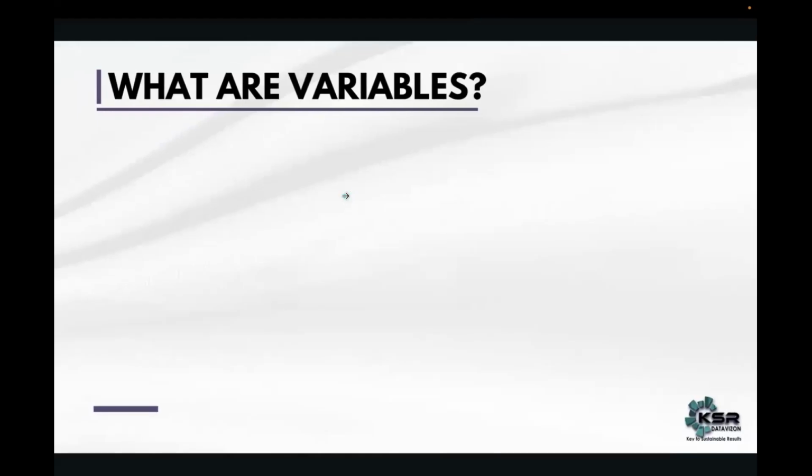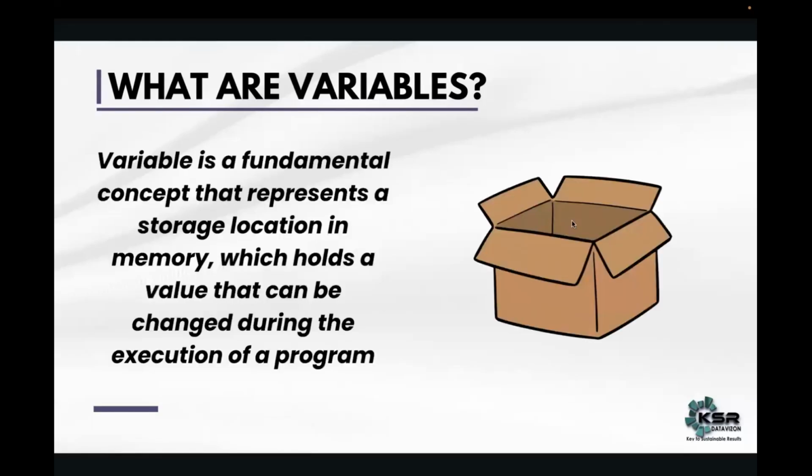Now tell me, what are variables? Can anyone tell me the English meaning of a variable? Okay, I will explain. I'll give you an analogy to understand. Think of this as a box. Your task is to store some items somewhere, but whenever you want them again, they should be easy to find.